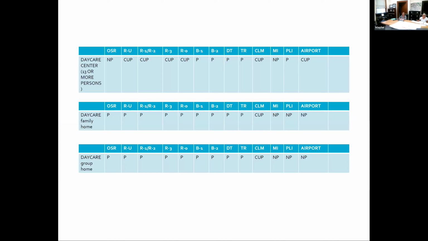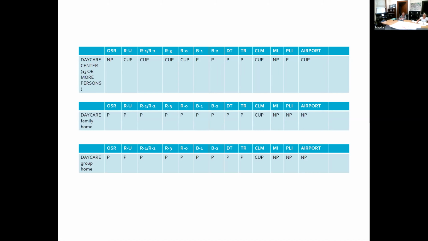Here you can see daycare center compared against a daycare family home, compared against a daycare group home. You can see that the smaller of the two, the daycare family home and the daycare group home, are permitted in all of the residential zoning districts and the commercial zoning districts.